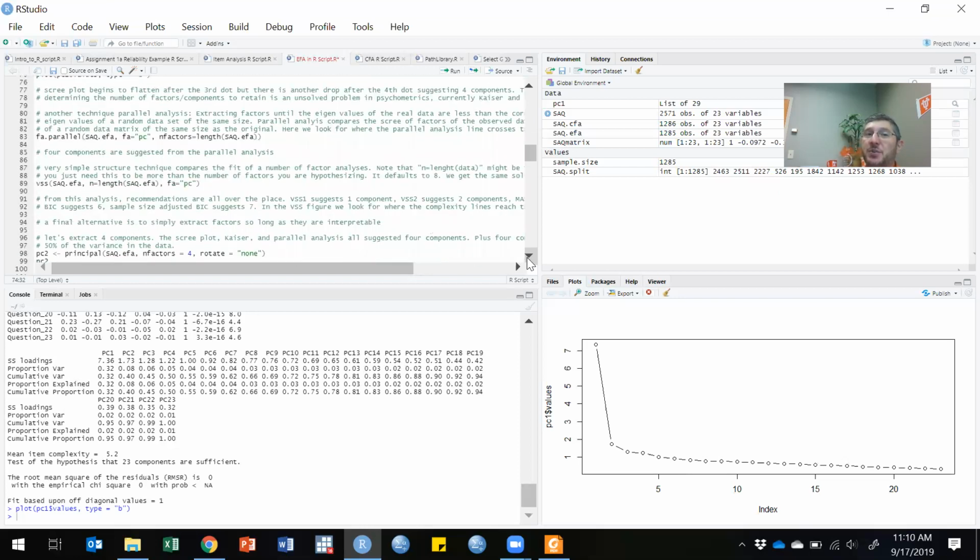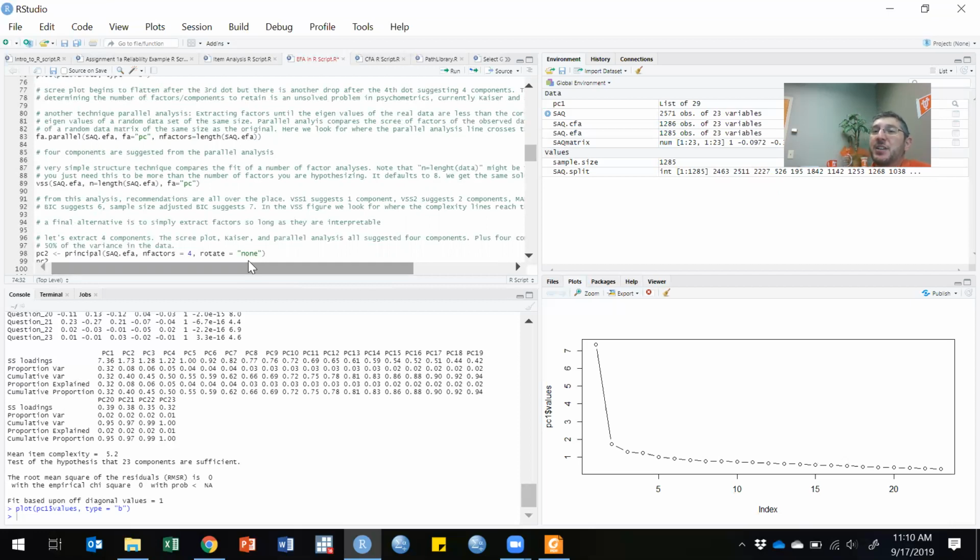Another cool way of doing this is what's called a parallel analysis. You can see up here, I talk about it. We're basically extracting factors until the eigenvalues of the real data set are less than the corresponding eigenvalues of a random data set of parallel size.